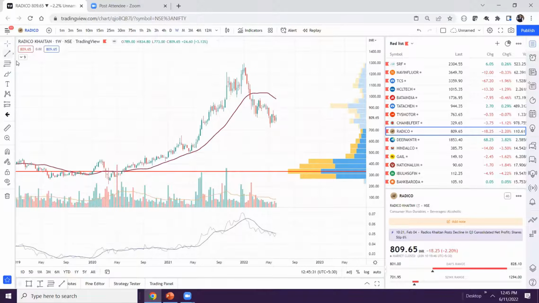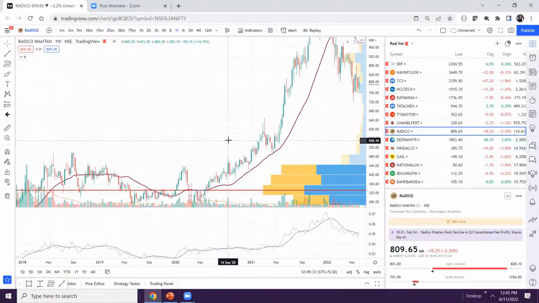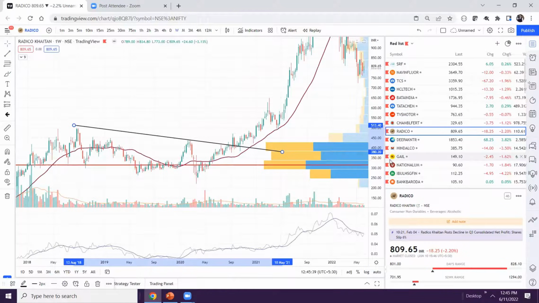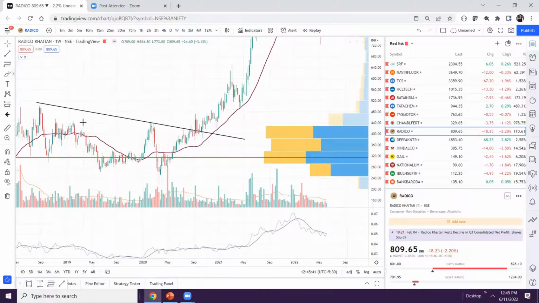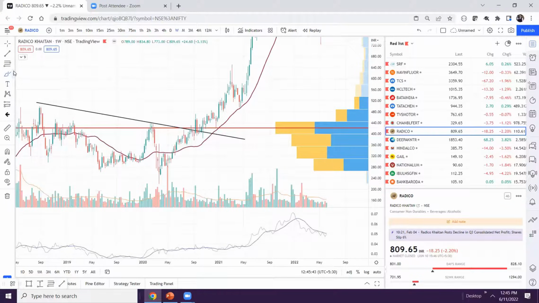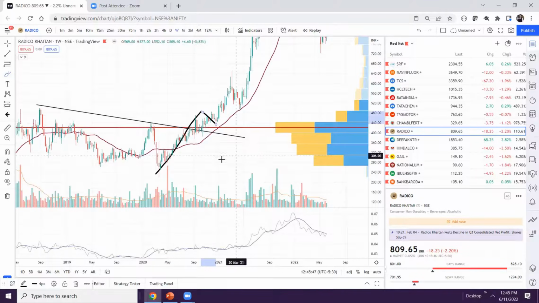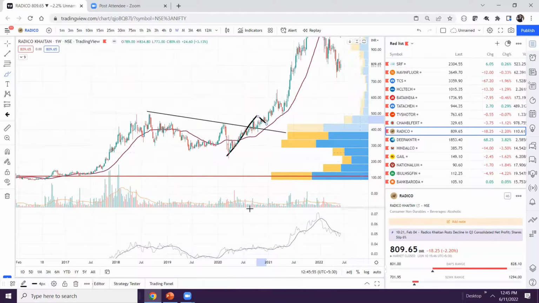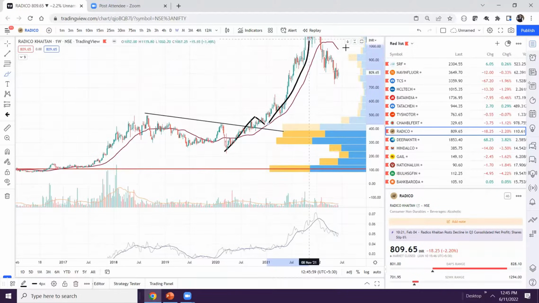See, entry is also clear now. If you apply this, entry is clear. This is a fast move and you can see all other conditions: price is above the 30 moving average, breakout is there, and then you can see the result is also good.